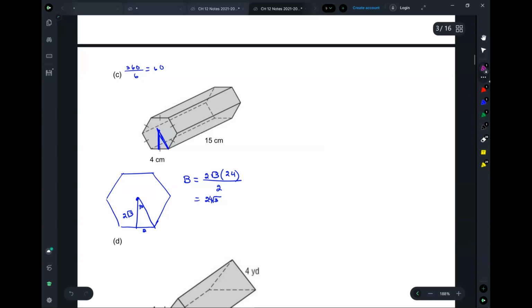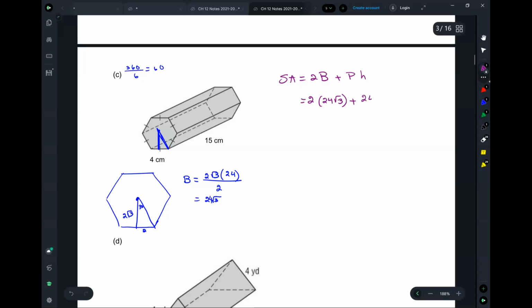Let's put it all into the formula, so we only plug it into the calculator one time. Okay, so surface area is 2b plus p times h. 2 times 24 root 3 plus the perimeter, right? We keep using the same perimeter, right?